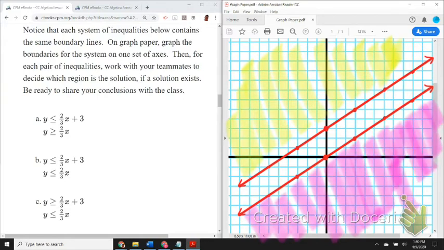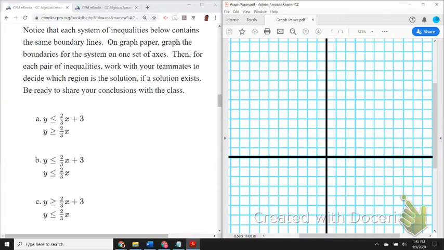For this to be a solution, it must satisfy both inequalities. So we have to determine where they overlap, and these obviously do not overlap. There is no solution here. There's no solution that would satisfy both of these inequalities. All right, I just realized that's purple and yellow. Let's move on to that last question.